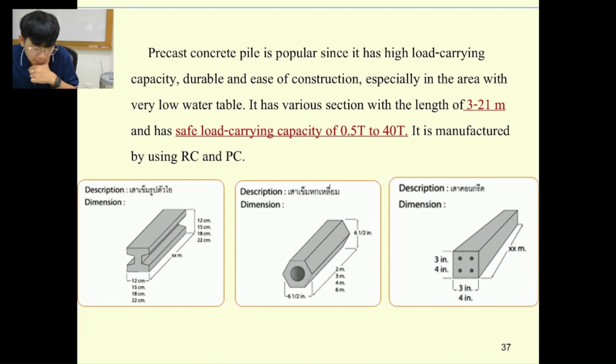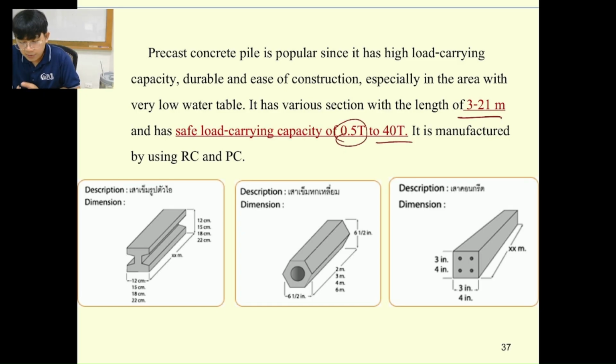The precast pile is the most popular one nowadays because it can carry a lot of capacity and it's really fast in construction compared to the one we call cast-in-place pile. Its length can be manufactured between 3 to 21 meters, and the safe load that it can carry is from 0.5 ton to 40 ton.